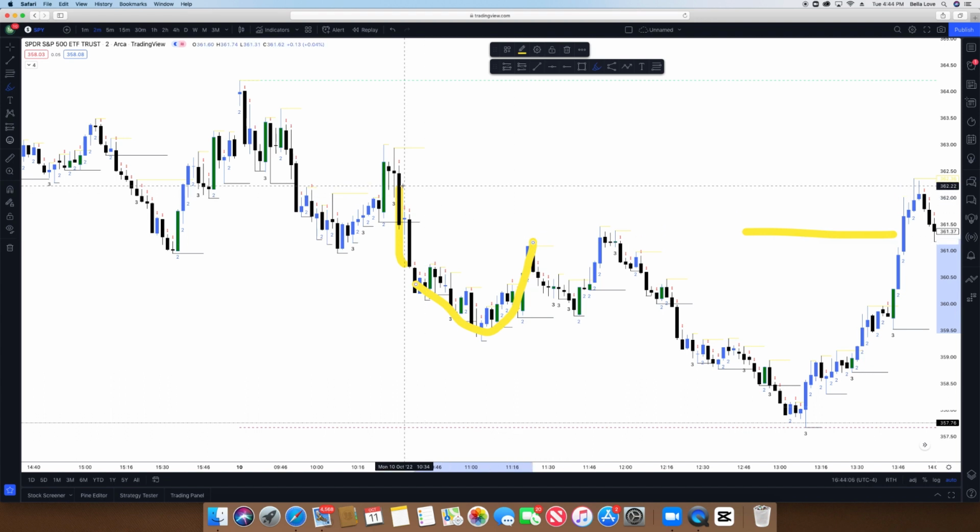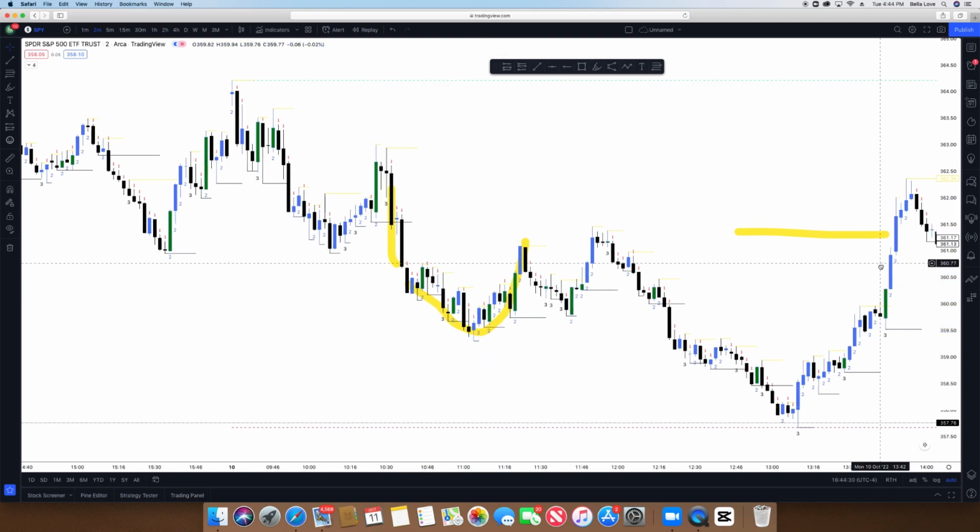It didn't necessarily fill all of it, but it did fill some of it. So let's just say if you were trading on TTOs or on retracements, I would say it's best to take some profit at a 50% level, so that way you can lock in profits because it does not fill displacements all the time.